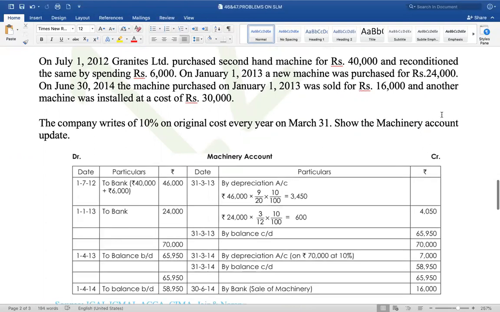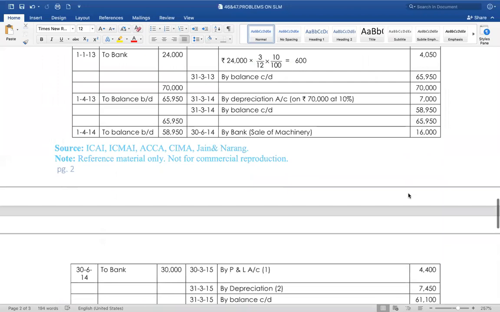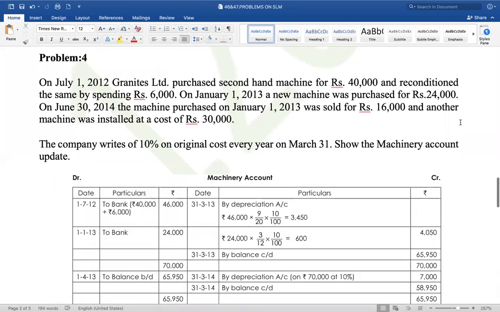Whatever the time used, let's say 600 here, and next year you have used it for the full year, so 600 plus 2,400, 3,000 depreciation. If you deduct 3,000 depreciation from 24,000, it comes to 21,000. I think the calculations may be wrong. Anyway, 24,000 minus the depreciation, you will get a value called written down value, which is coming around 21,000.